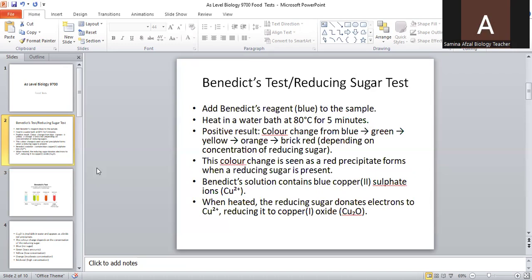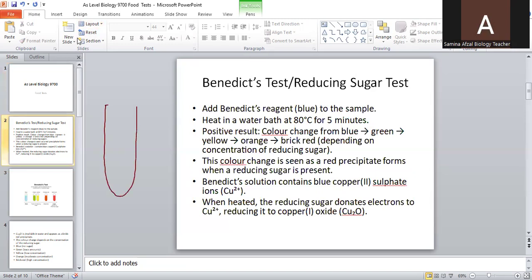So you will add about 2 to 3 ml of the given solution in the test tube, and then you will add the same quantity of the Benedict solution.